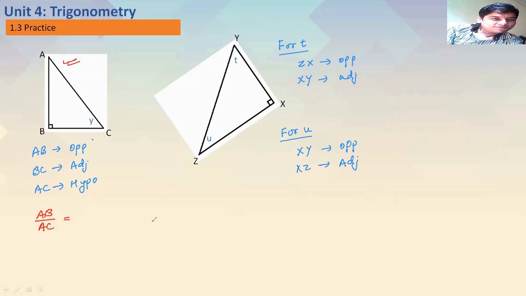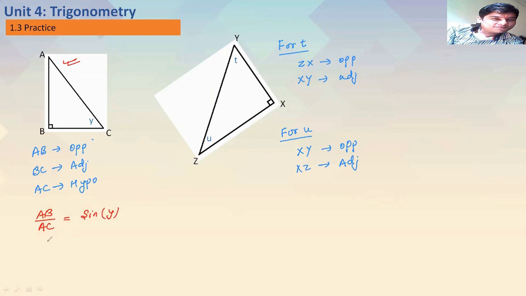What is the name of this ratio? It's adjacent over hypotenuse, so cos. No, wait, it's opposite. Opposite over hypotenuse. So it must be, what is the name? Sine. Very good. So this is sine of angle Y.